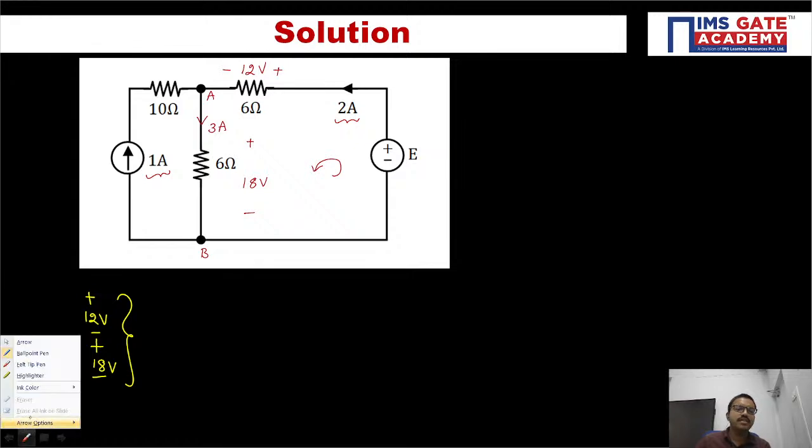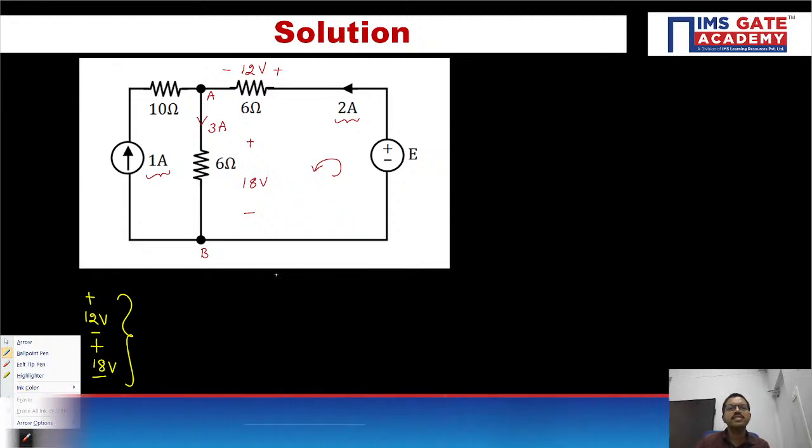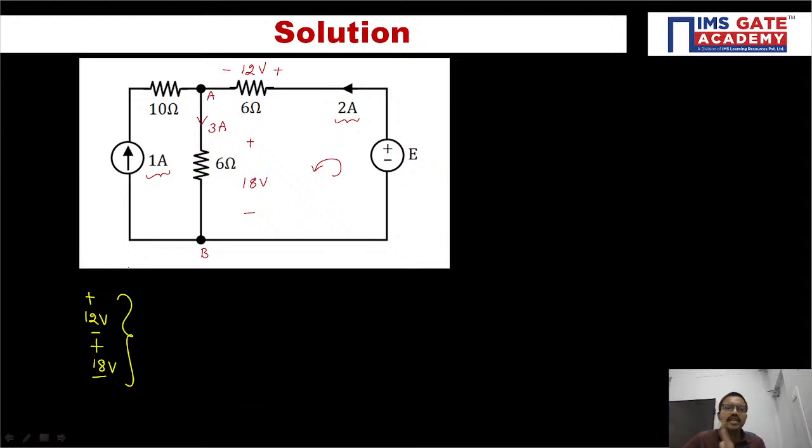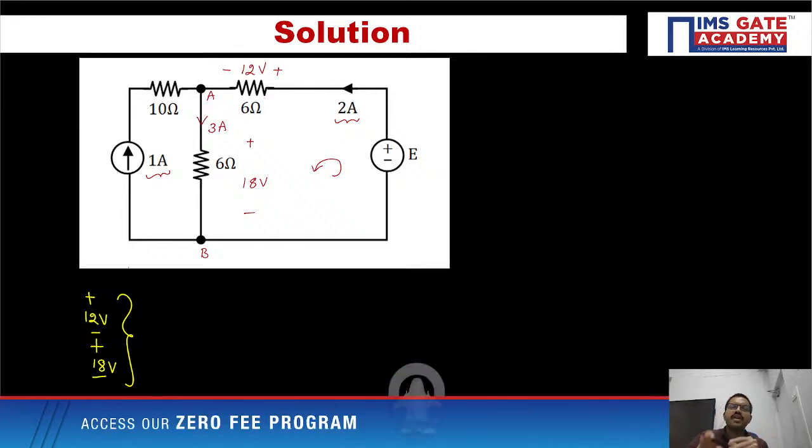You can write the KVL equation, or otherwise you can use the notation which we have discussed. Here a voltage source is there, whose value we have to find out. On the right hand side you have the 18 volt vertical element, as it is, and the 12 volt horizontal element, keep it as a vertical element, then the polarities are exactly similar, plus minus.